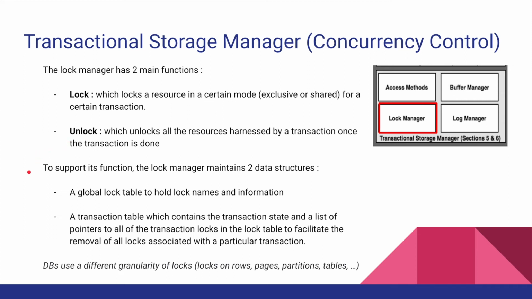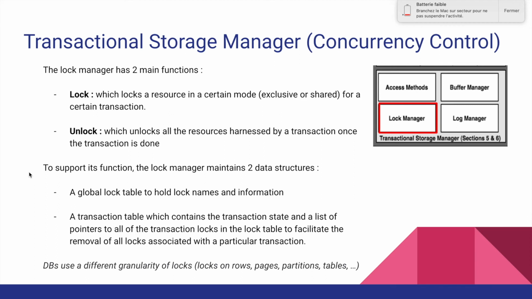To support its job, the lock manager maintains two data structures. The first one is a global lock table, and it's maintained to hold the lock names and their associated information. And the second one is a transaction table, which contains a pointer to the DBMS thread state and a list of pointers to all the transaction's lock requests in the lock table.